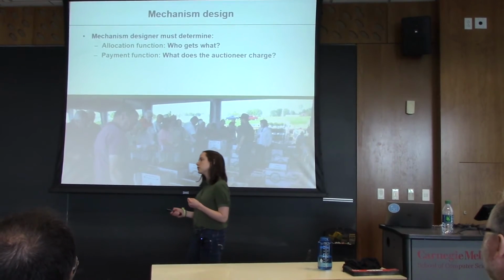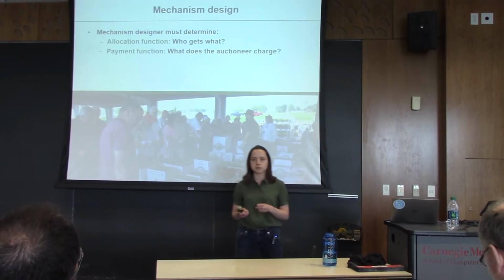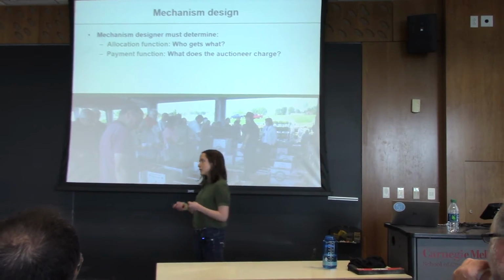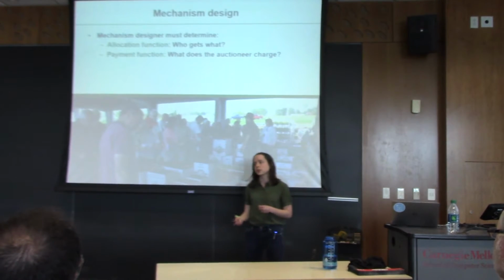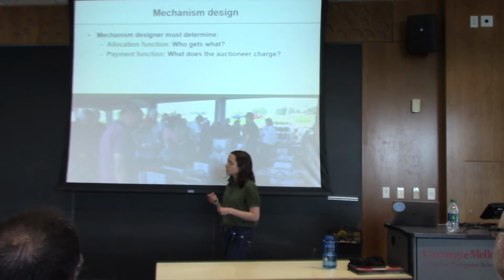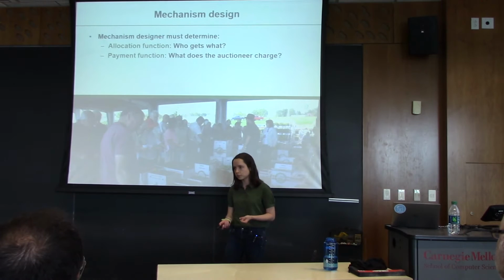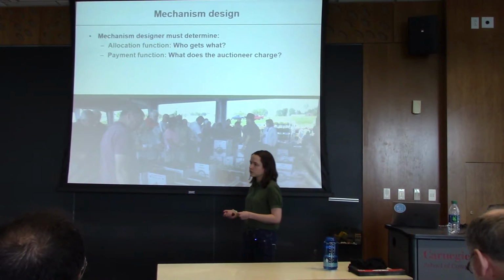And so combinatorial auction design falls under the category more generally of mechanism design. A mechanism or auction designer is in charge of determining 2 functions. They have to determine the allocation function, who gets what based on the bids, and they have to determine the payment function.